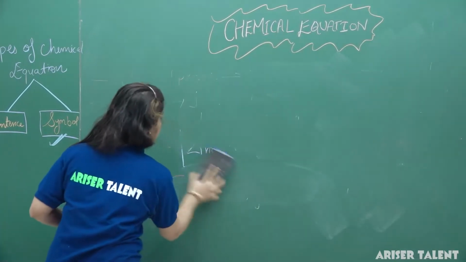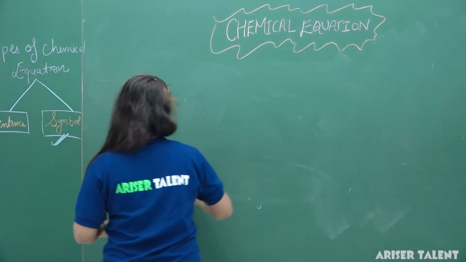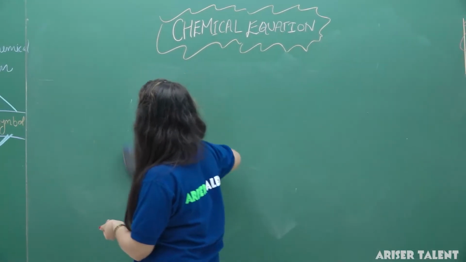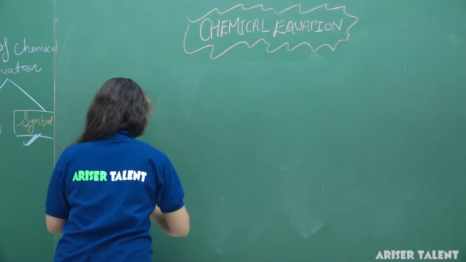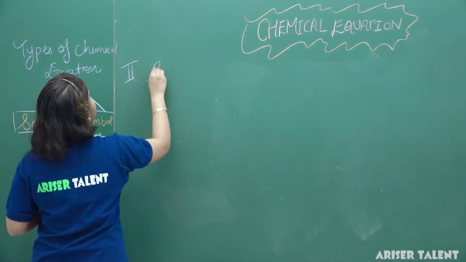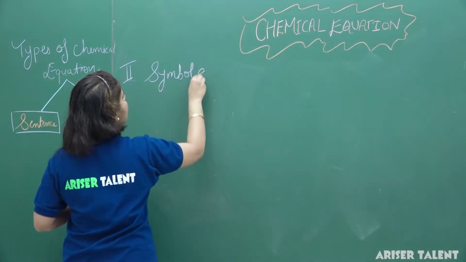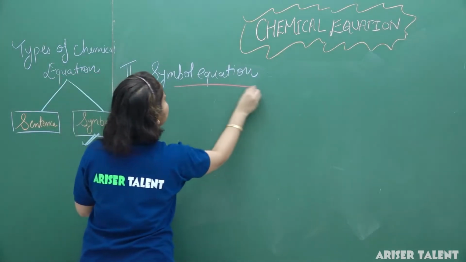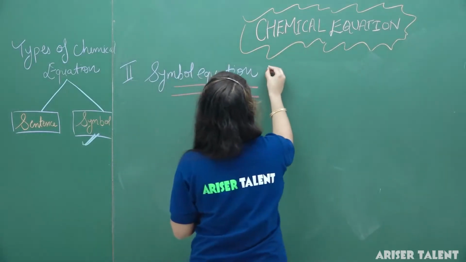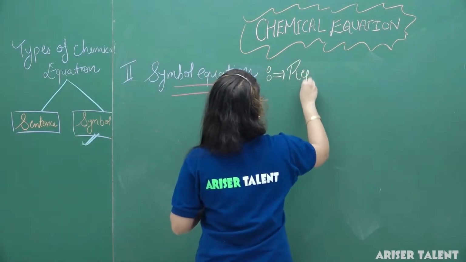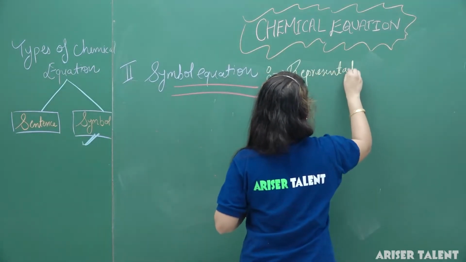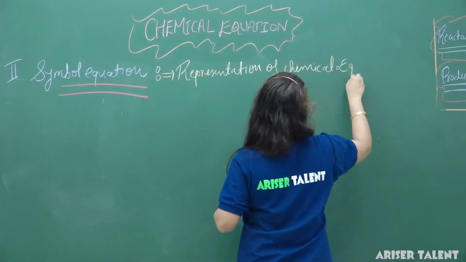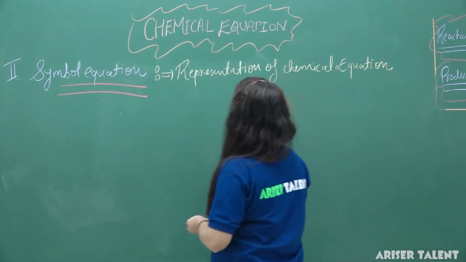The symbol equation is the representation of any chemical equation in the form of the symbols of the elements.